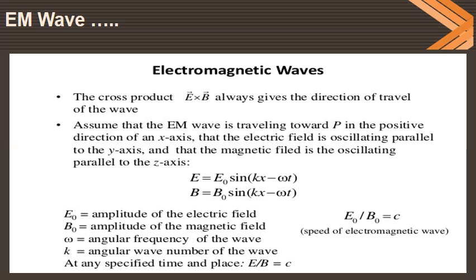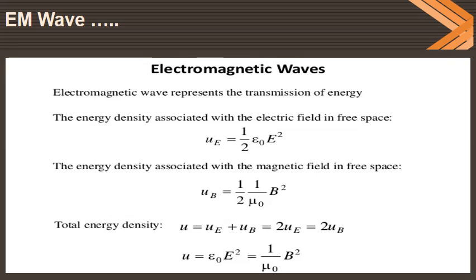At the peak value you can find your electric and magnetic field, and you can even concentrate on the angular waves, how many angular waves there are with respect to the time period. Similarly, if you are interested in finding the energy density in terms of the electric field as well as the magnetic field in free space, we need to find the equation, how we are writing it, how we are calculating the electric and magnetic field.